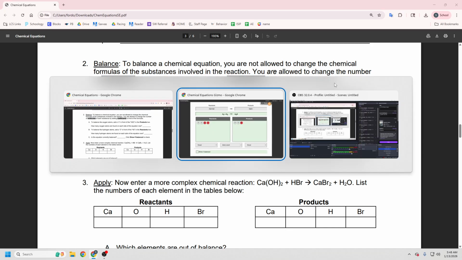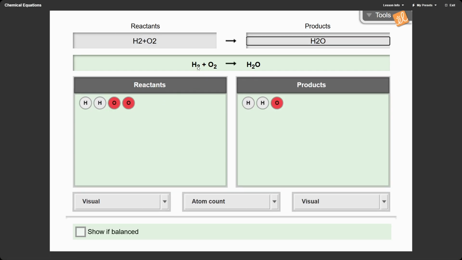What they're trying to say is, in your chemical reaction, when you see H2, the letter and the subscript, you're not allowed to change the letter and the subscript, but you are allowed to put numbers in front of the letters, such as the coefficients. I'll explain that as I go.